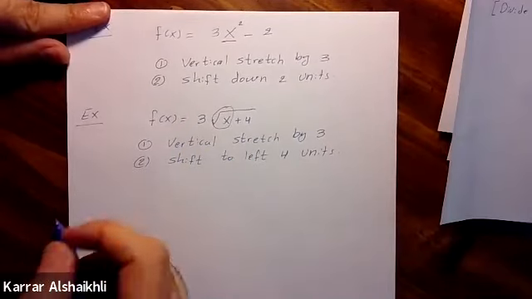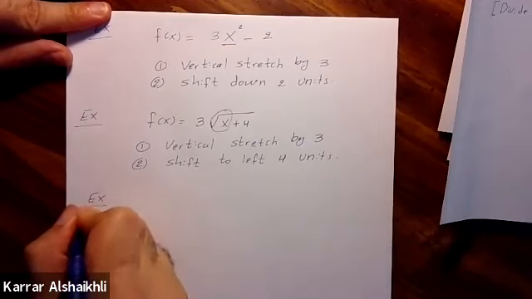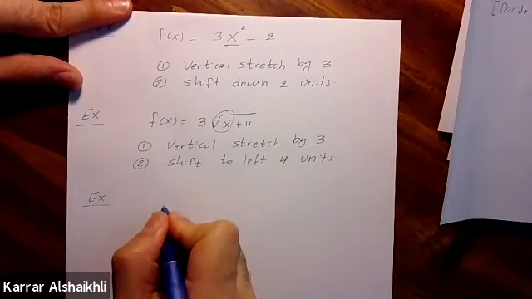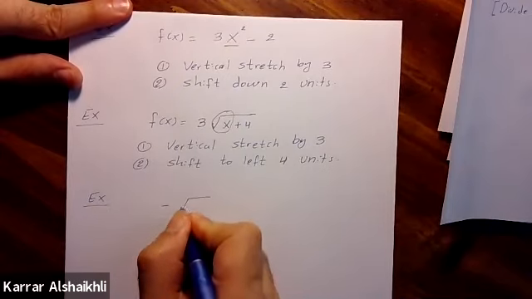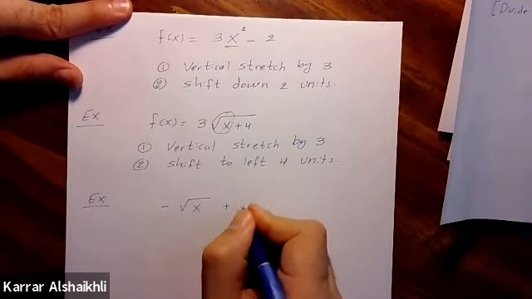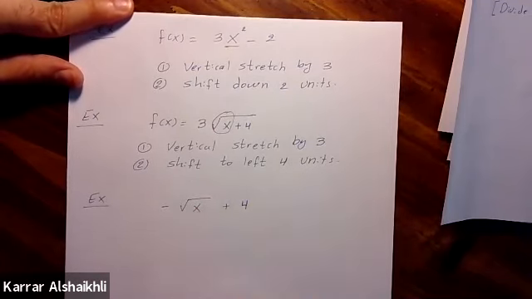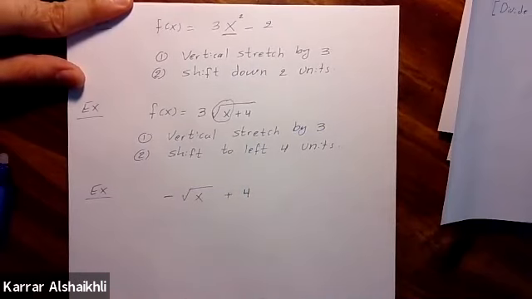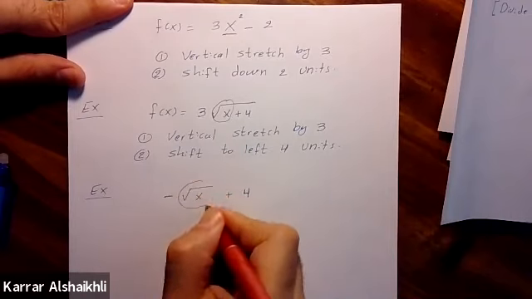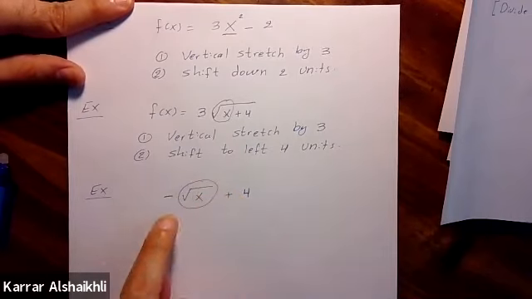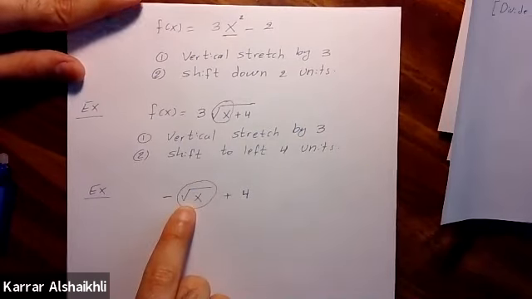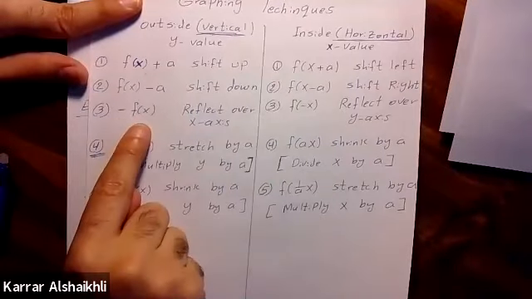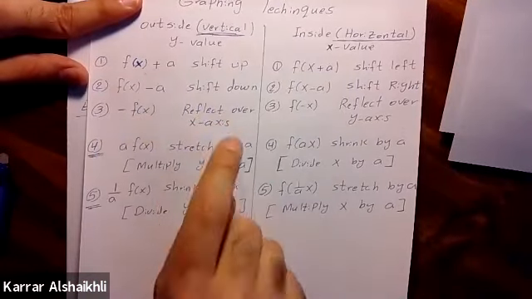So here's another example. If we have negative square root of x plus 4. So we're going to write down the techniques. This is the parent function. I have negative outside the parent function. So that means it's reflect over x-axis.